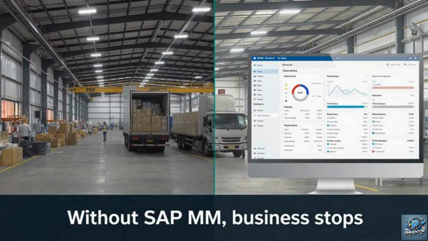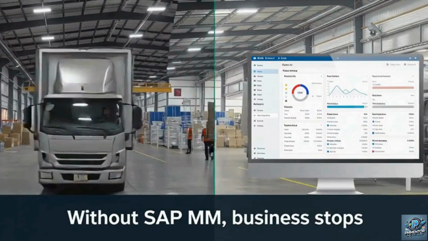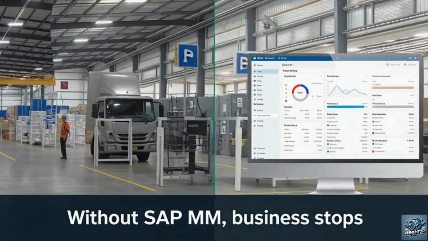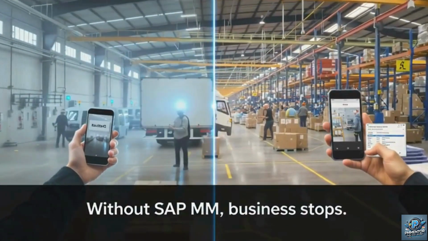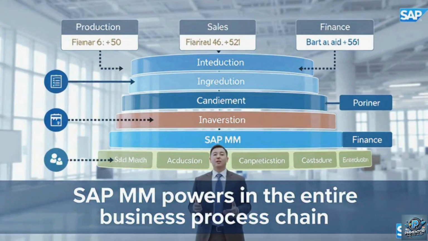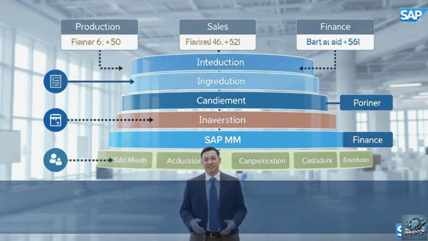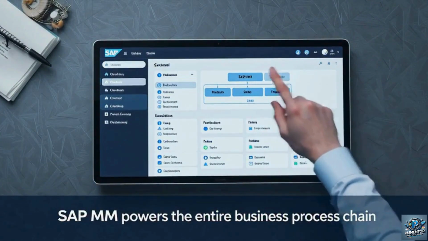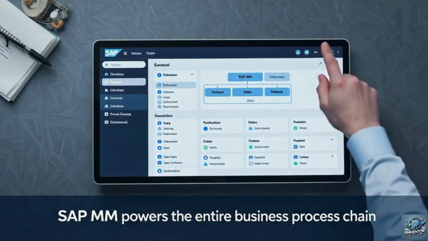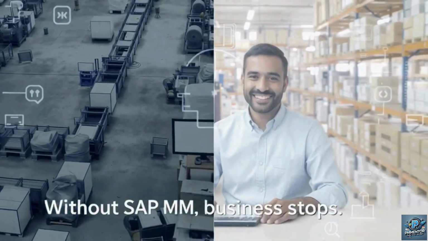For example, production cannot start without materials, sales cannot deliver without stock, and finance cannot record transactions without procurement data. So SAP MM is not just a module, it is a foundation layer that supports the entire business process chain. That is why SAP MM is considered one of the most critical modules in any SAP implementation.